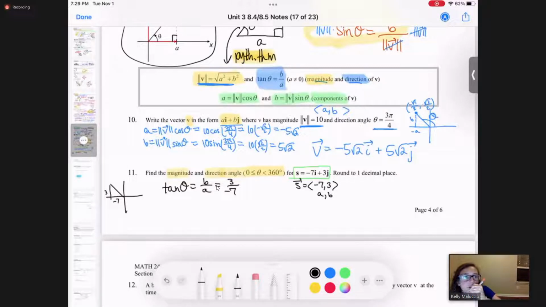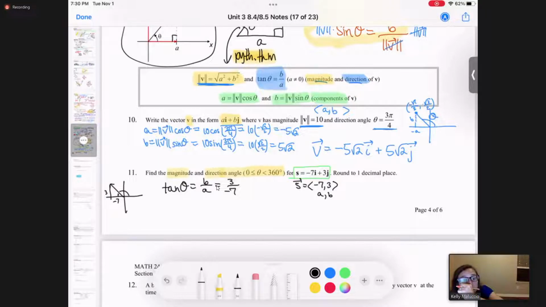This is our triangle, and that means our theta is in this direction. If we get a negative value, it just means we have to subtract that from 180 or something like that, or add it to 180.